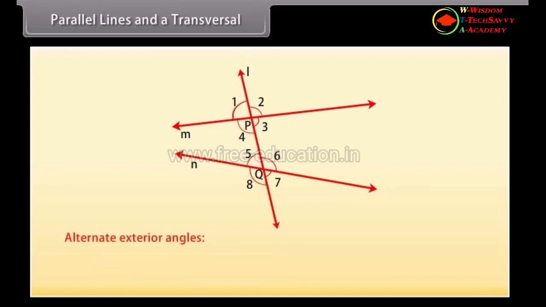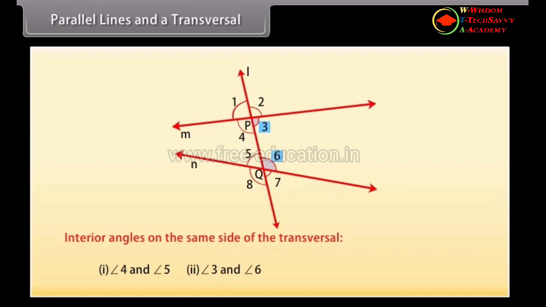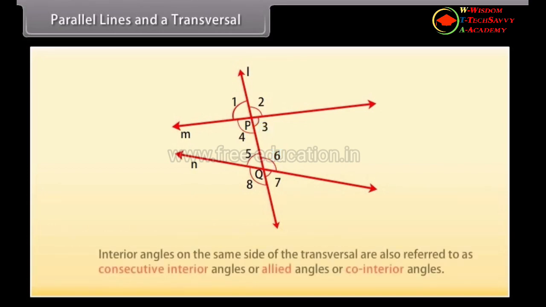Then come alternate exterior angles, and they are angle 1 and angle 7, angle 2 and angle 8. Next is interior angles on the same side of the transversal. These are angle 4 and angle 5, angle 3 and angle 6. Interior angles on the same side of the transversal are also referred to as consecutive interior angles, allied angles or co-interior angles.